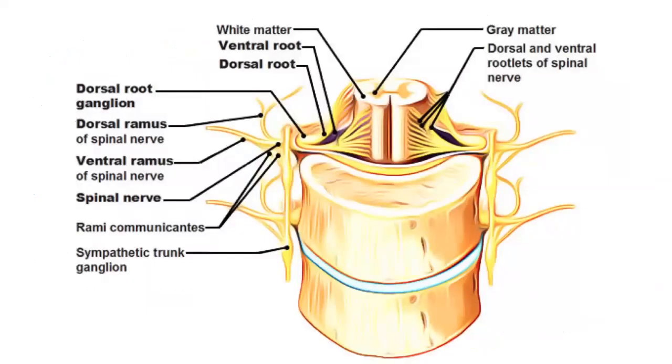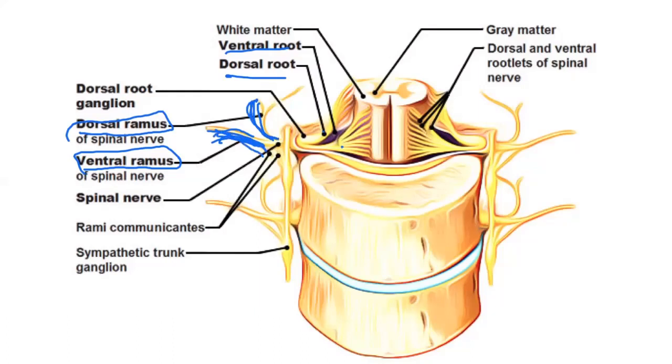So you see, ventral root and dorsal root, ventral rami and dorsal rami. Dorsal, ventral, two.